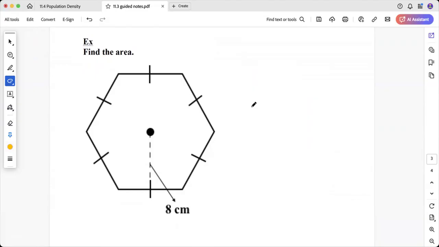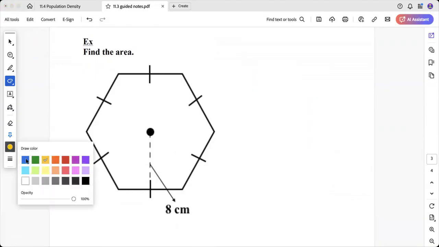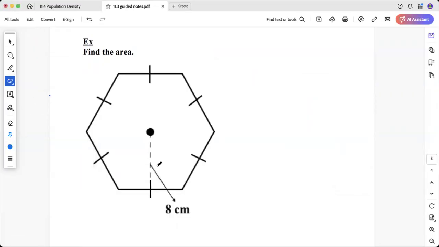All right, so let's find the area of this regular polygon. For this one, we're given the apothem, which is 8 centimeters. Notice that this is a 1, 2, 3, 4, 5, 6, a hexagon. If I draw the radius, this is a 90-degree angle.